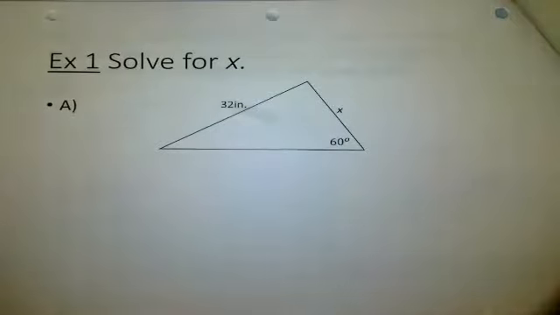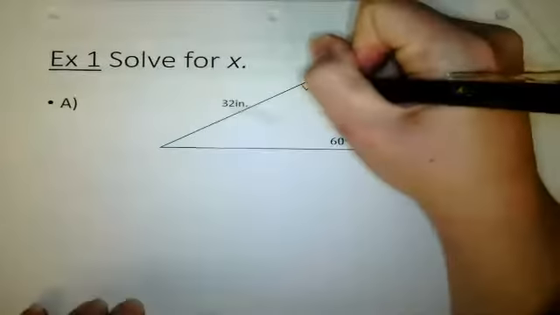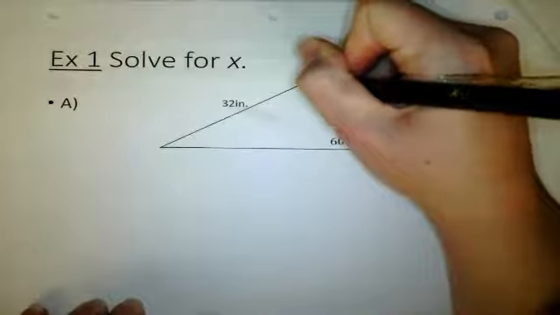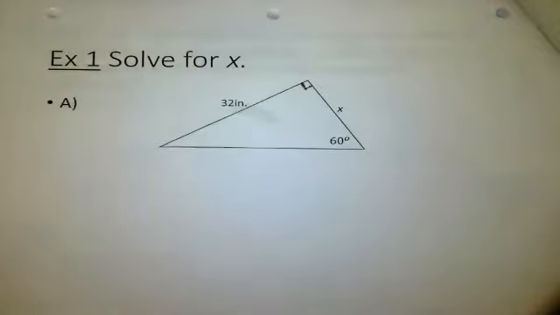Oh, and this is a right triangle, just so you know. I just didn't want to take the time to make the little box. It's amazing how long that little tiny box takes. All right.